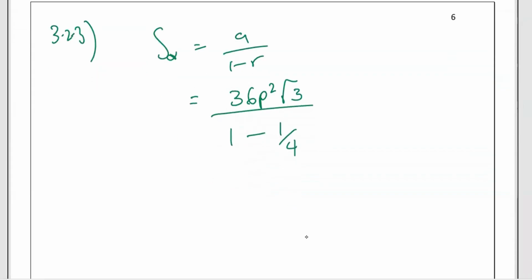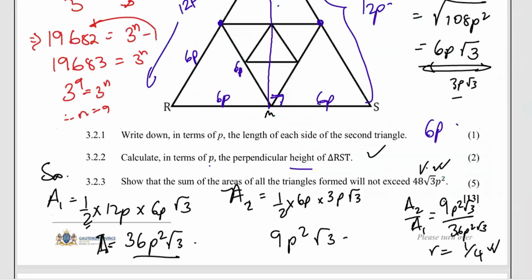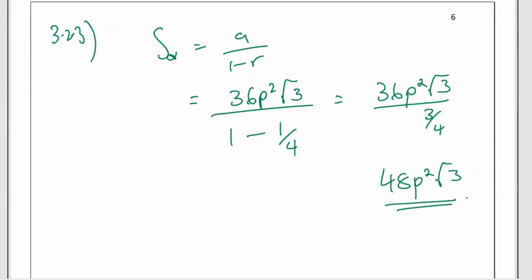So when you simplify this, we have 36p squared root 3 over 3 over 4. So that is 12 times 4, which is 48p squared root 3. Isn't that what the question really wanted? Yeah, but framed in a different way. But that is what the question was asking for. So that is the total, or the sum that we need. So the area cannot exceed that, because that's the maximum sum that we can obtain.